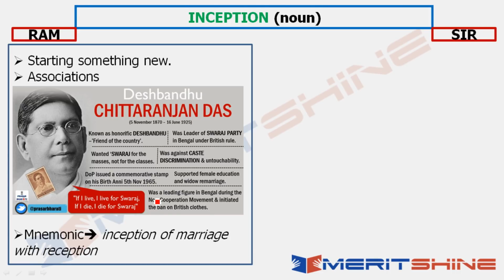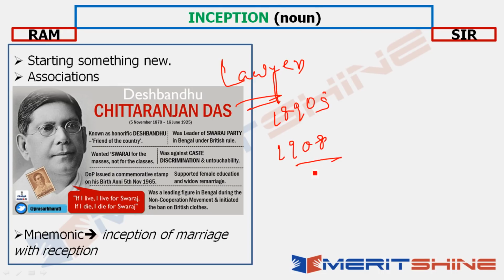In his times, he was a very successful and prominent lawyer. He was one of the best lawyers of the country of his time, and he left practice in the late 1890s. But in 1908, there was a case for which he had to come back to practice, and that was the famous Alipur Bomb case.